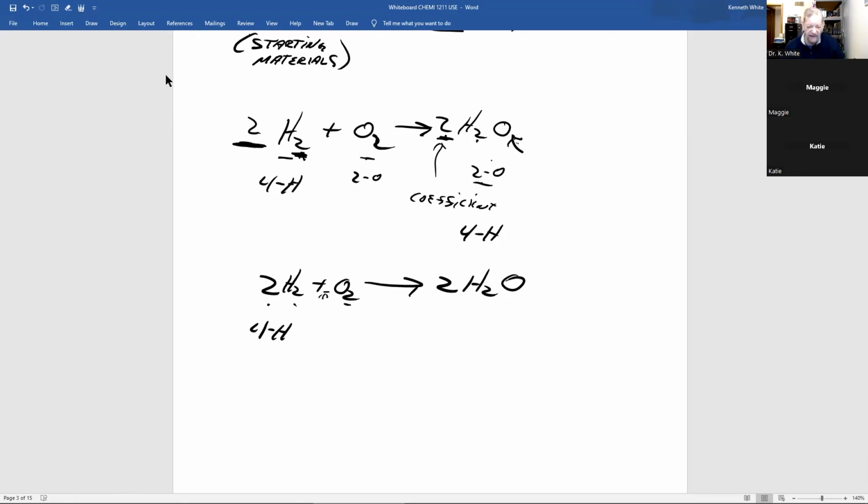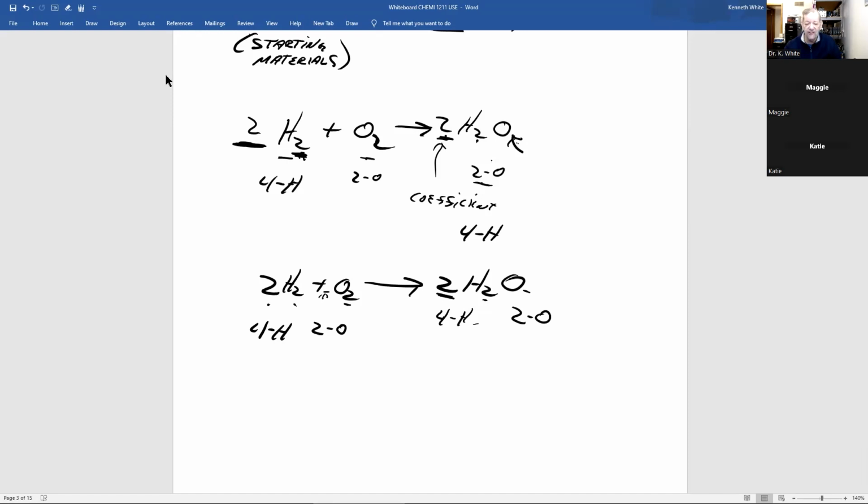We just don't write it. So there are 2 oxygen. On the product side, the head of the arrow, how many hydrogens? Well, in water there are 2, but we have 2 molecules. So 2 times 2 is 4 hydrogen. How many oxygen? Well, in water there's 1, but the coefficient is 2. 2 times 1 is 2 oxygen.